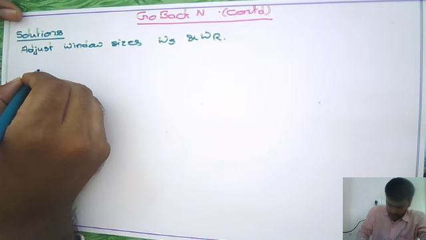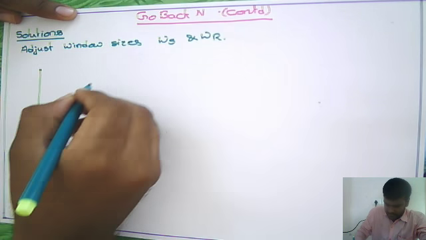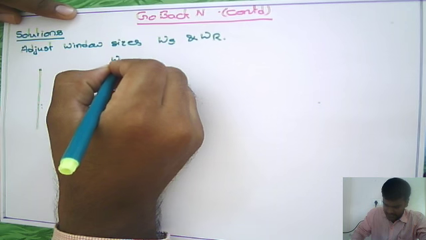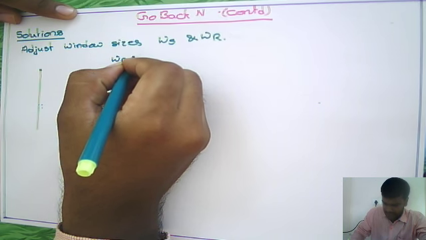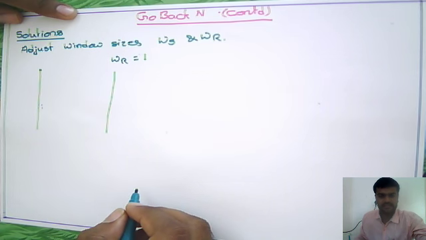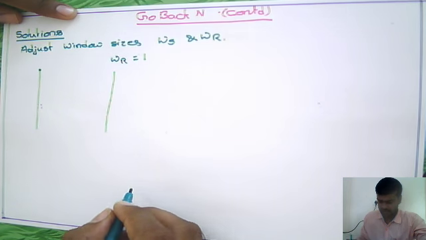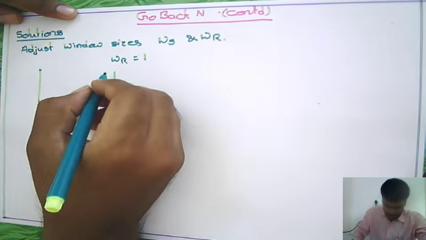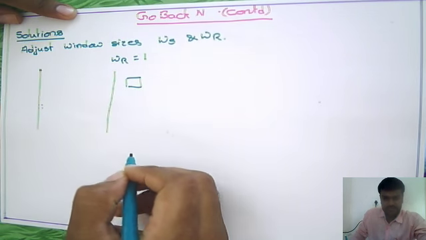Suppose here we always set the window size of the receiver as 1. With that it never receives out of order packets, since the window size is only 1.